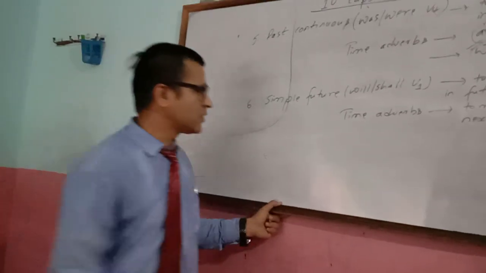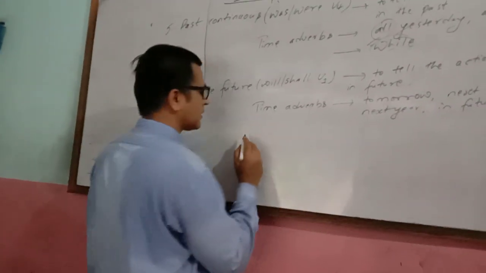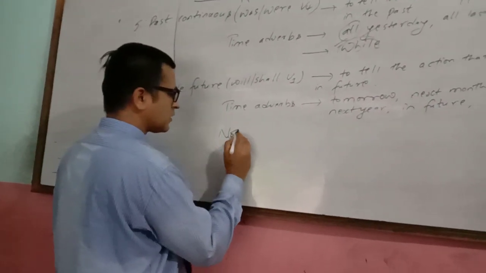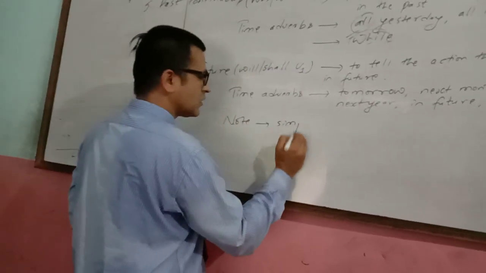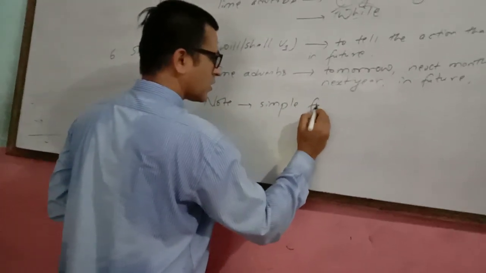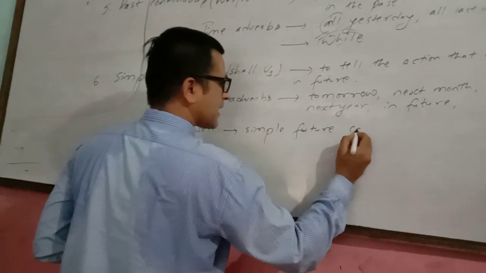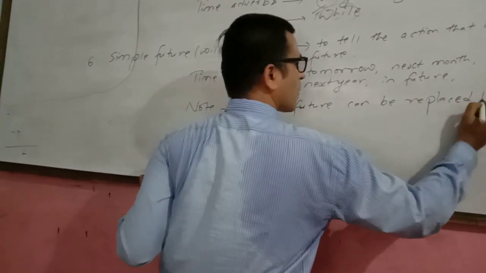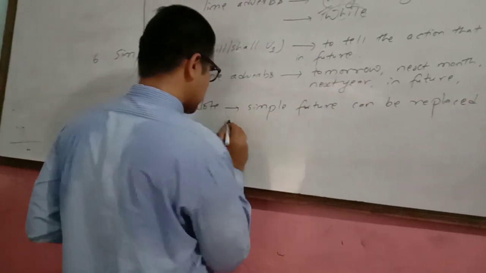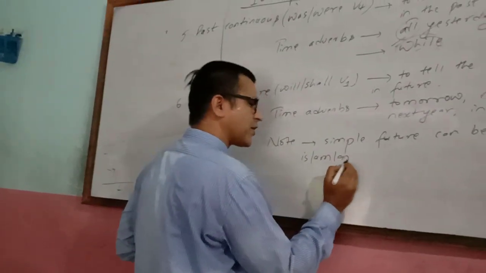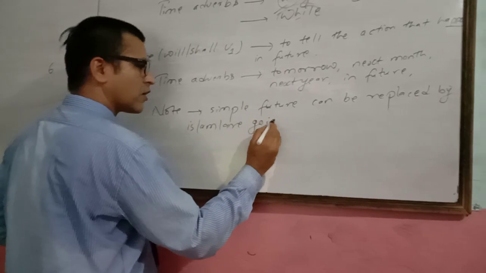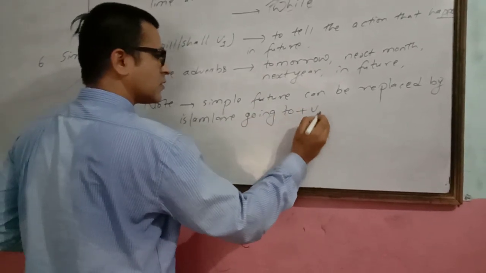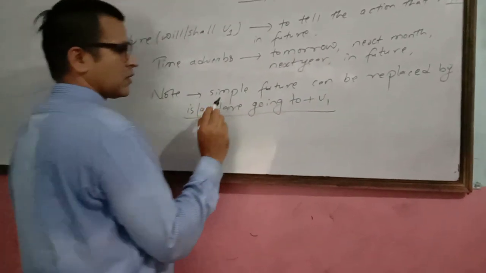What is the note about? That is, note: simple future can be replaced by is, am, are going to be one, right?